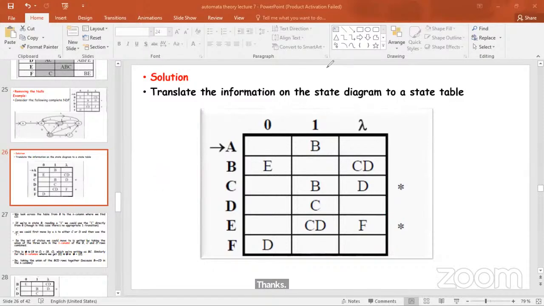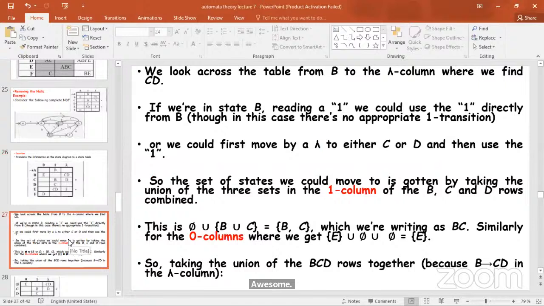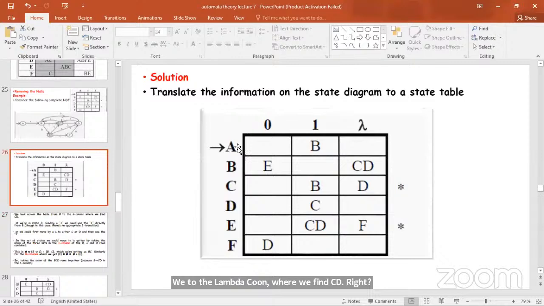So that's that. Then the next thing is, how do we now remove the null? Now, all this big English, we are going to explain it, but just let's look at it. Now, we look across the table from B to the lambda column, where we find C, D. If you look at this, you can see the initial state doesn't have anything under lambda.